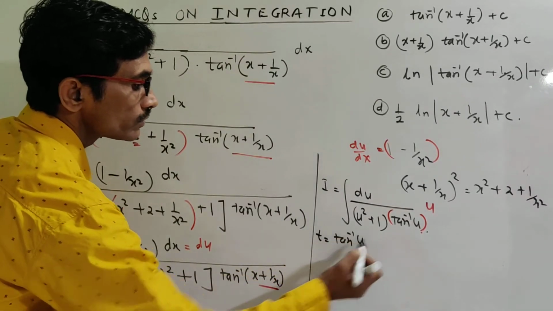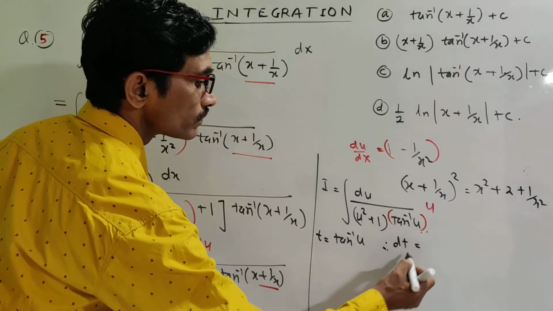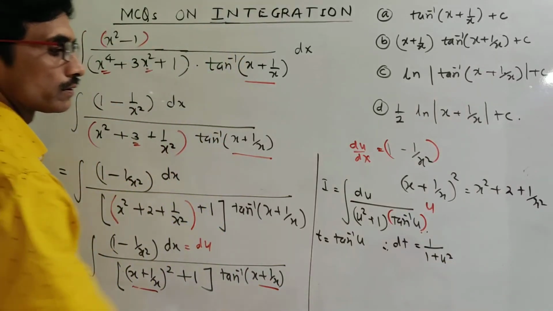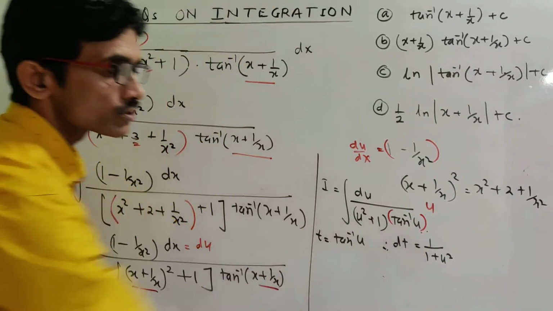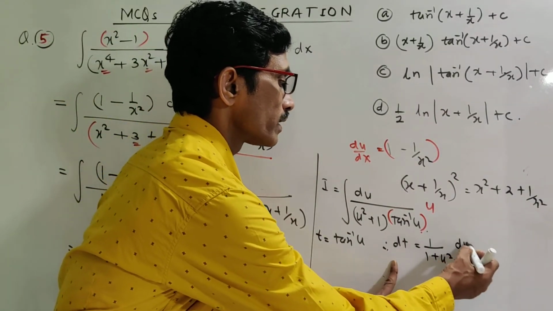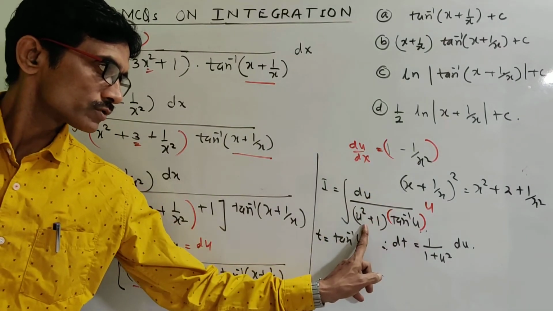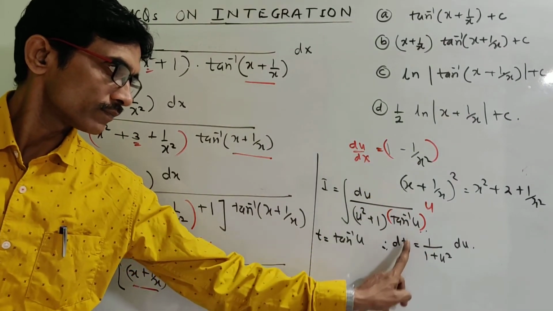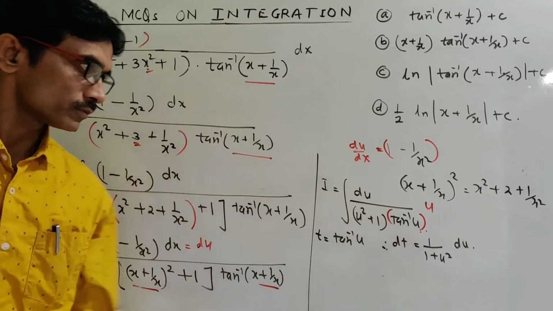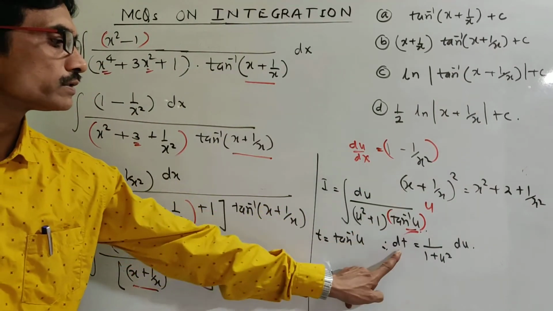Therefore dt by du is equal to 1 upon 1 + u², and therefore dt is equal to 1 upon 1 + u² into du. So du upon 1 + u² is nothing but dt, and tan inverse of u is t.